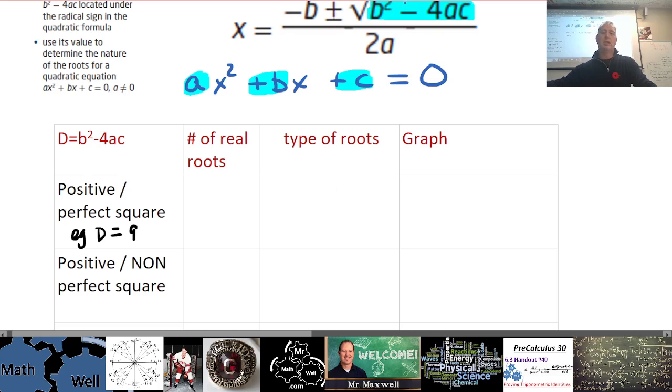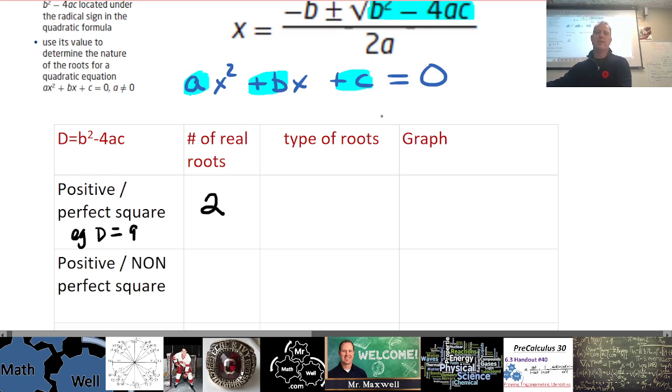So b squared minus 4ac ends up being the value 9. The number of real roots when the discriminant is a positive perfect square is going to be, any guesses? 2. 2 real roots.